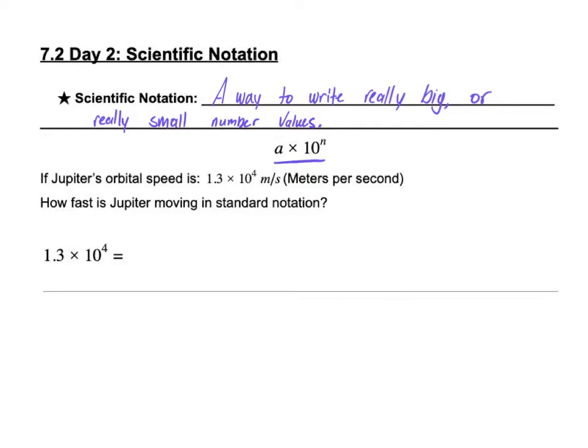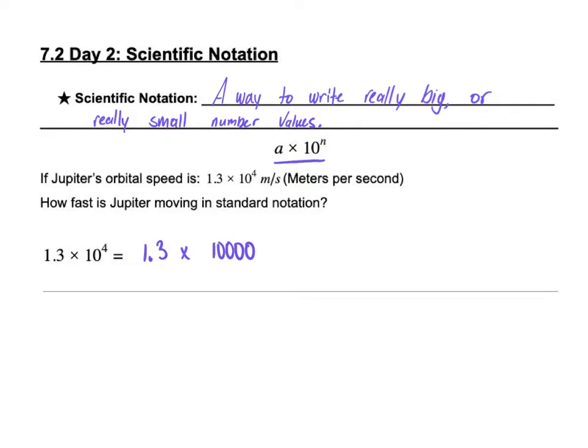Alright, so this first example, Jupiter's orbital speed is 1.3 times 10 to the 4th meters per second. We want to figure out how fast is Jupiter moving in standard notation. So 1.3 times 10 to the 4th, that's 1.3 times, now 10 to the 4th we could write as 10,000. 10 times 10 times 10 times 10.